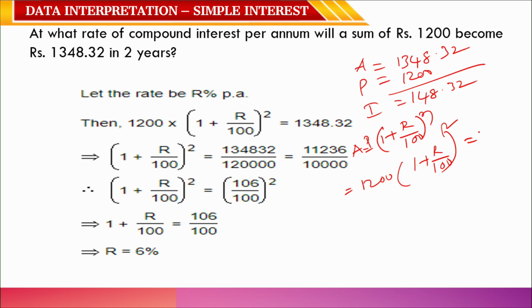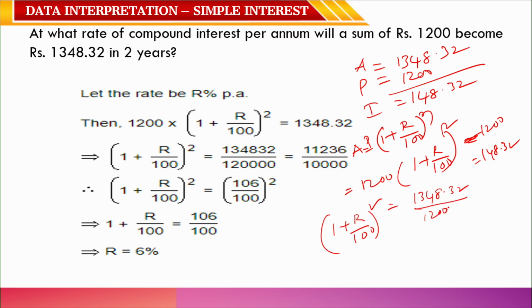So 1 plus R by 100 whole square is 1348.32 rupees, the total amount, divided by the principal amount.